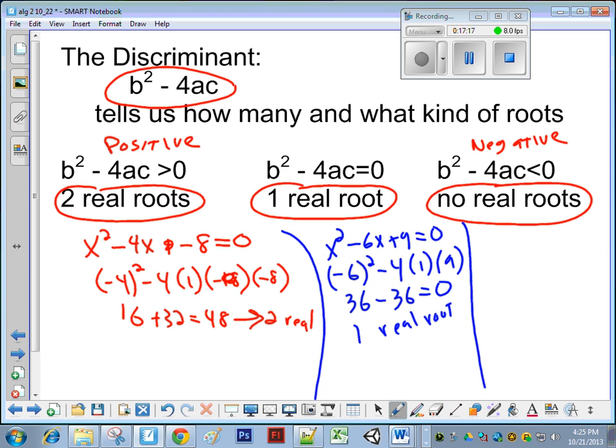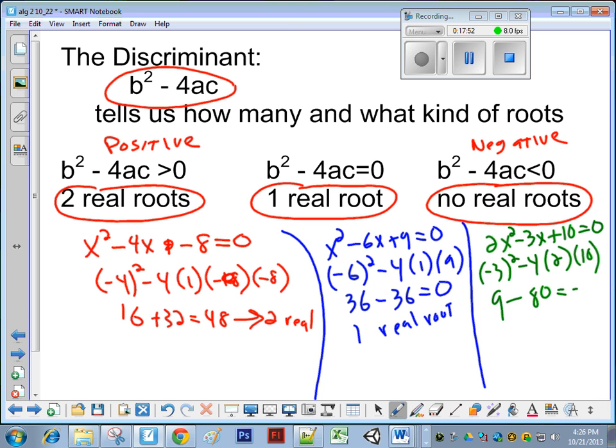All right, now lastly, let's try one with no real roots. Let's say I have 2x squared minus 3x plus 10 equals 0. b squared would be negative 3 squared minus 4 times 2 times 10. 9 minus, because we don't have any other negatives, 4 times 2 is 8. 8 times 10 is 80.